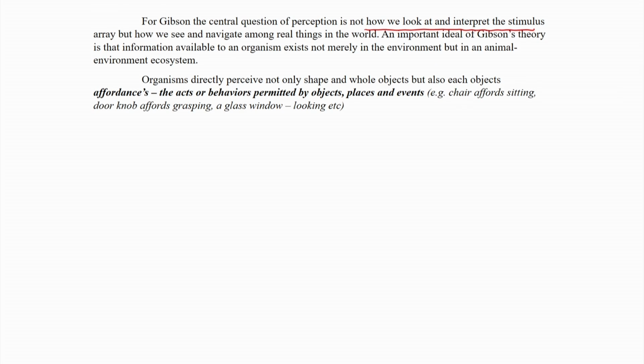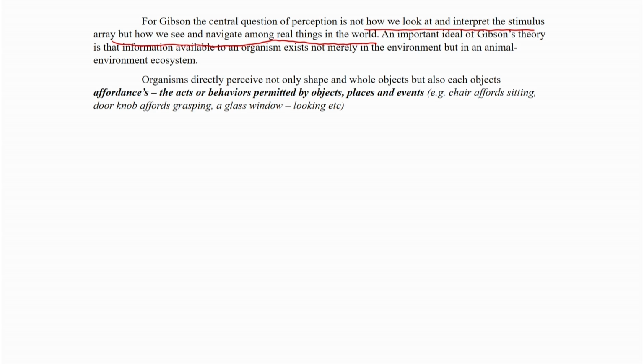Now, for Gibson, the central question of perception is not how we make and interpret a stimulus array, but how we see and navigate among real things. So, what Gibson believes is that it's all about functions. It's not important to study what we interpret from stimulus arrays, or what a particular stimulus really means.